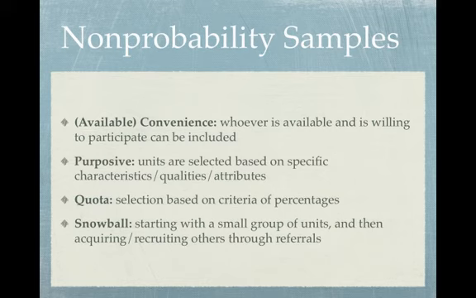A snowball sampling deals with starting with a small group of units and then acquiring information and referrals about other potential participants. So many of you have mentioned this week in your questions, how can we sample using Facebook, using our network of friends?